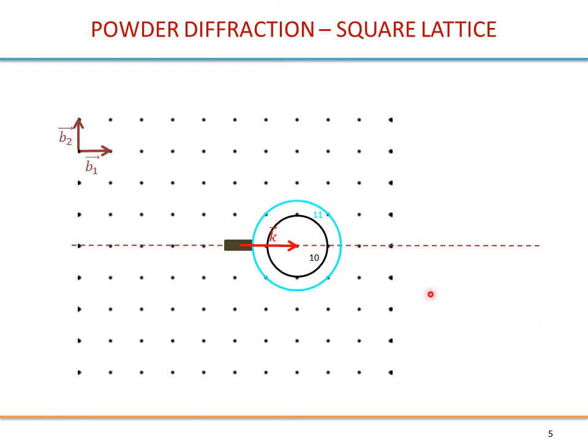Alright, so we can see, just comments here, we have 4 points here on this circle. In fact, it comes from the fact that the 1, 1 direction here is equivalent to the -1, 1 direction. It's also equivalent to this direction, to this direction. So these are equivalent points, and in fact it's related to the multiplicity.